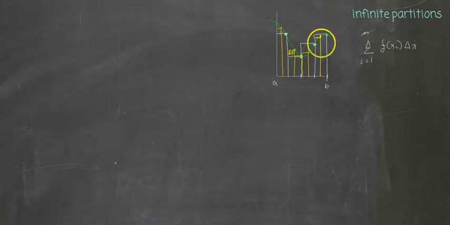So if I were to split them and double again, I would get closer and closer until, if I took the limit, as my partition sizes approached infinity, or the number of partitions approached infinity, meaning they get thinner and thinner and thinner, then I would arrive at the actual area of the curve. So let's do that with an example.